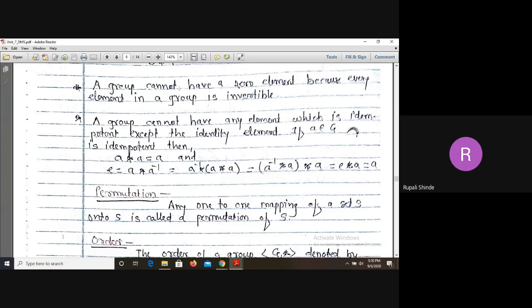In that group we cannot include zero, because we can't write an inverse for zero. We cannot write the inverse of zero as minus zero. That's why the group must not contain the element zero. The rest of the elements we can include, like 1, 2, 3, 4, because inverses for all these elements exist.